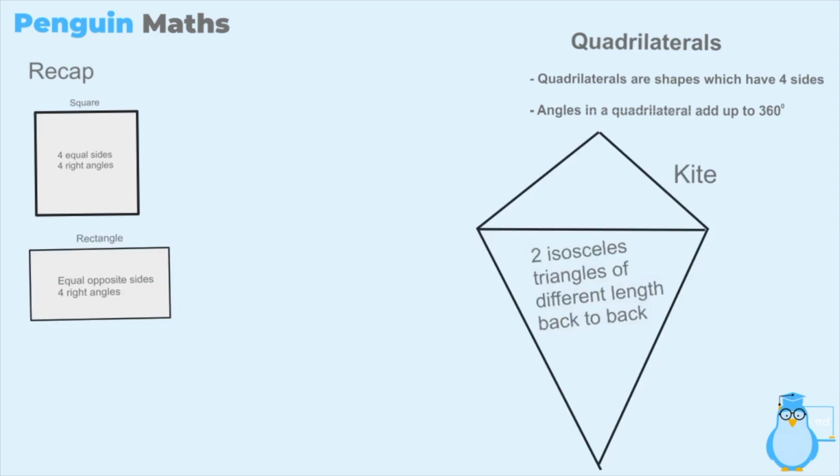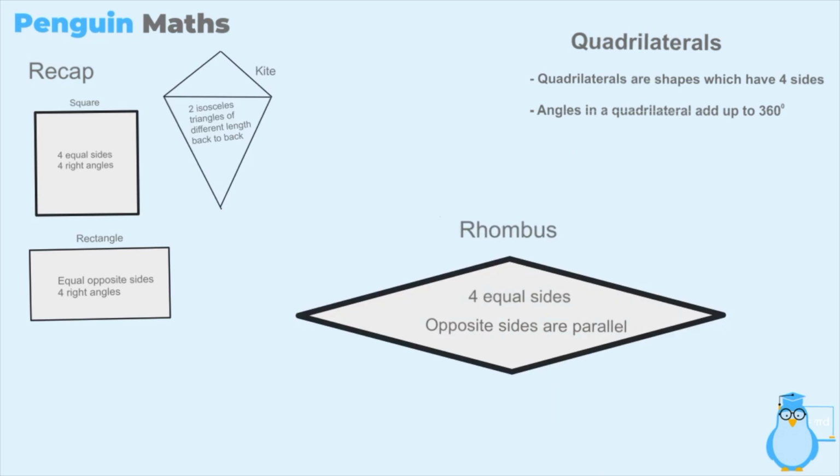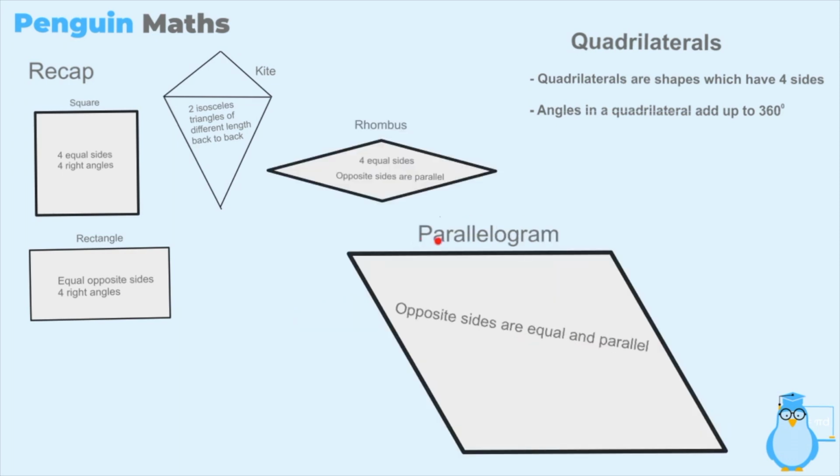We said that a kite is a type of quadrilateral which consists of 2 isosceles triangles which lie back to back. We said that a rhombus is a shape which has 4 equal sides and that the opposite sides of the rhombus are parallel. And finally, we said that a parallelogram is a quadrilateral which opposite sides are equal and parallel.